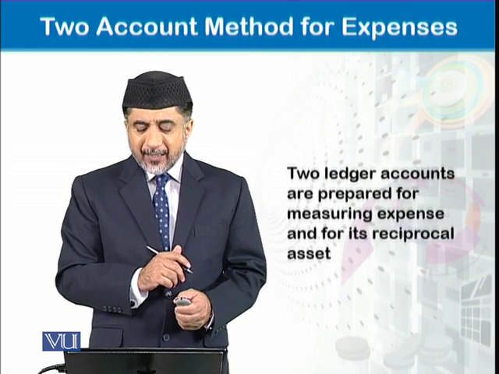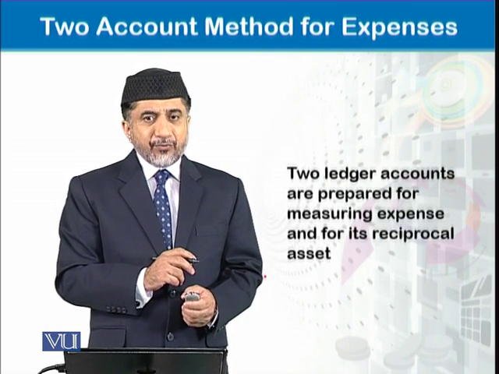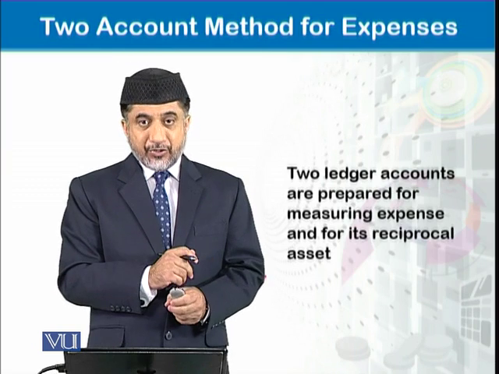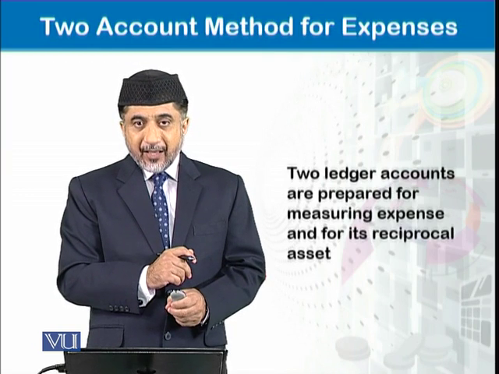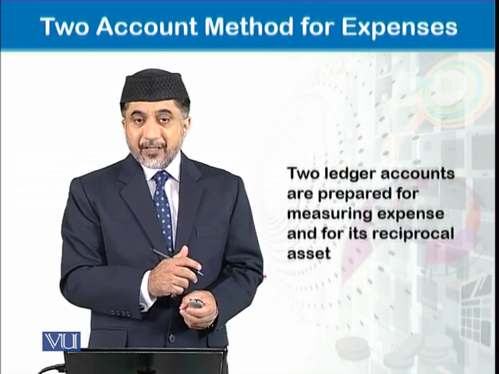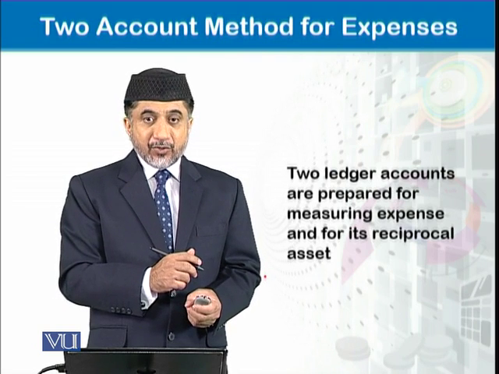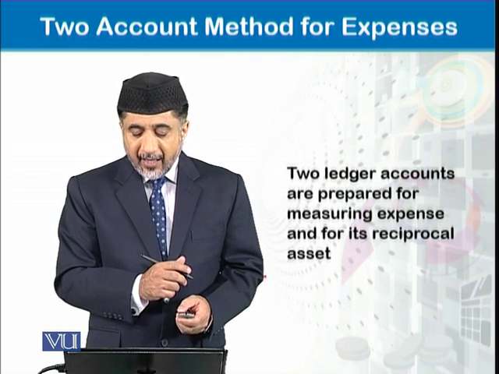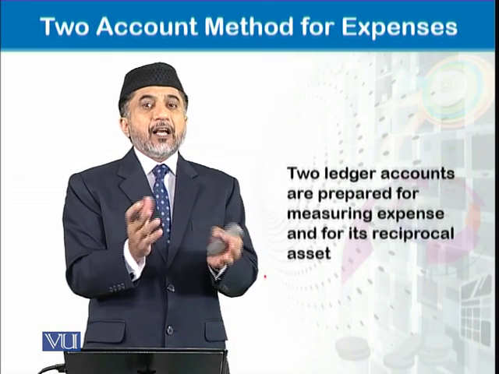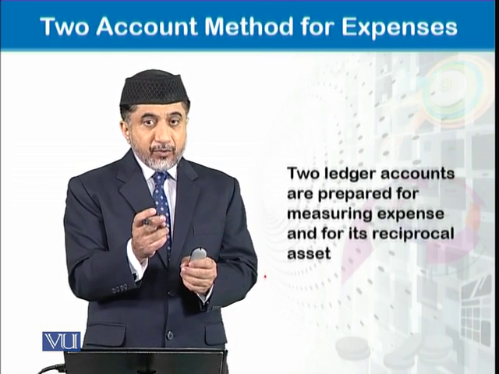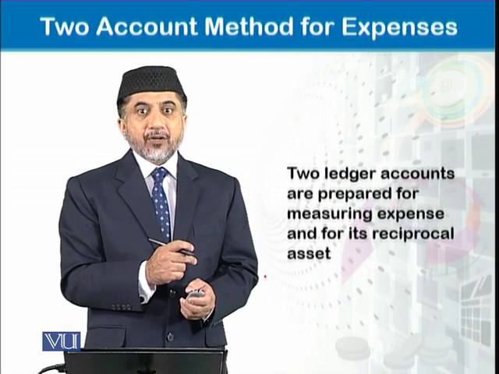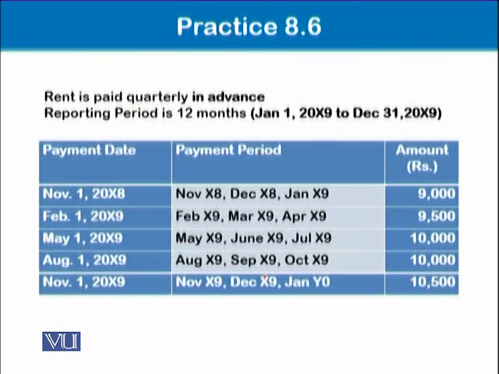Let's discuss the two account method. The two account method tells us that we will prepare two ledger accounts for working out this advance payment of expense, in which one account is the expense account and the second one is its reciprocal asset account, which is the prepaid expense account.